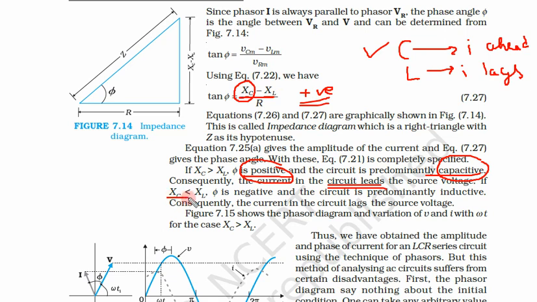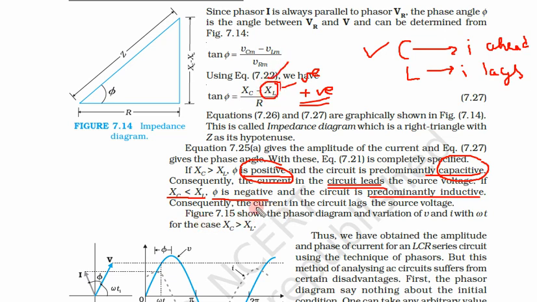If XC minus XL is negative, that means capacitive reactance is less than inductive reactance. This XL is more, XC is less, then phi is negative. In that case, the circuit is predominantly inductive, mainly inductive, because XL is more than XC.